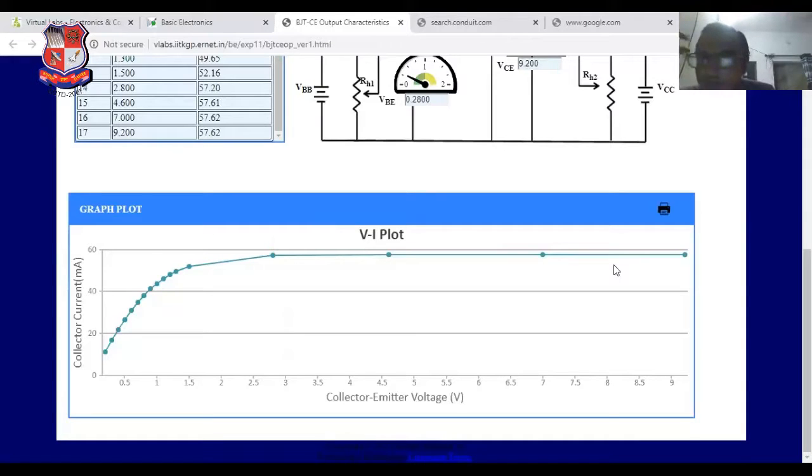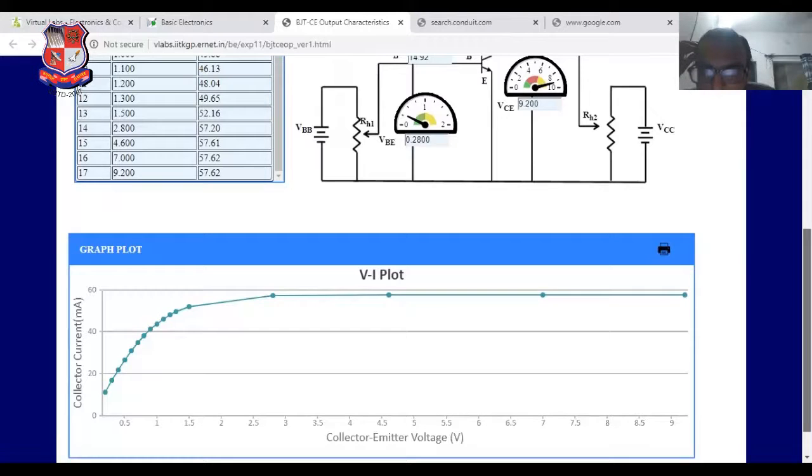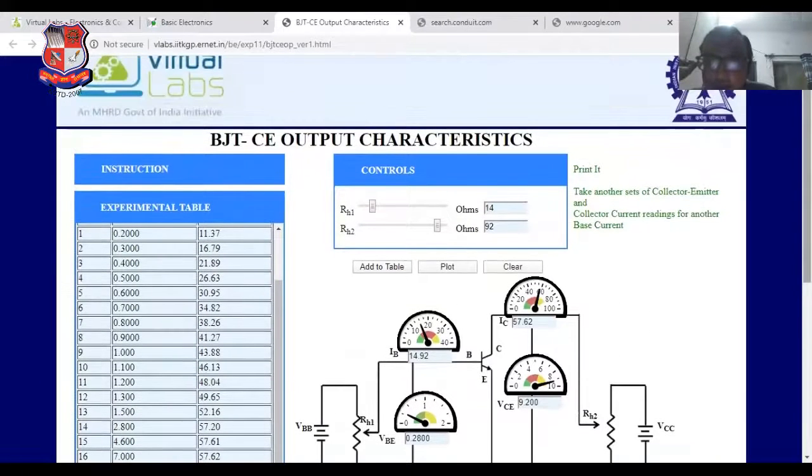See this very carefully. VCE equal to 0, then IC equal to 0. So it is only limited to the first quadrant. It doesn't move into the second quadrant. See, this is the perfect VI characteristics of a PN junction diode. Sorry, VI characteristics of the common emitter configuration of a transistor. Now make sure that all is clear.